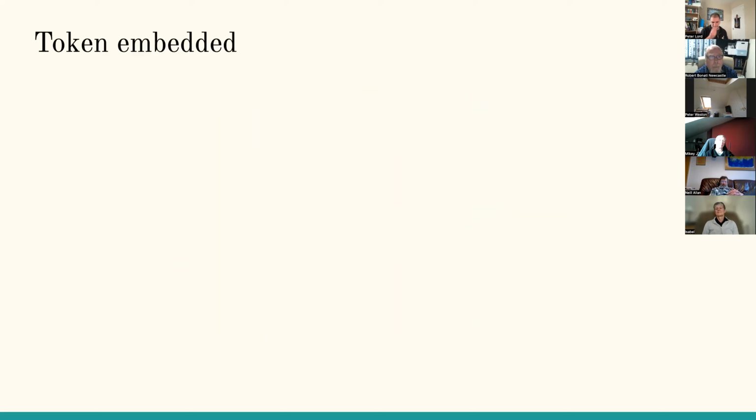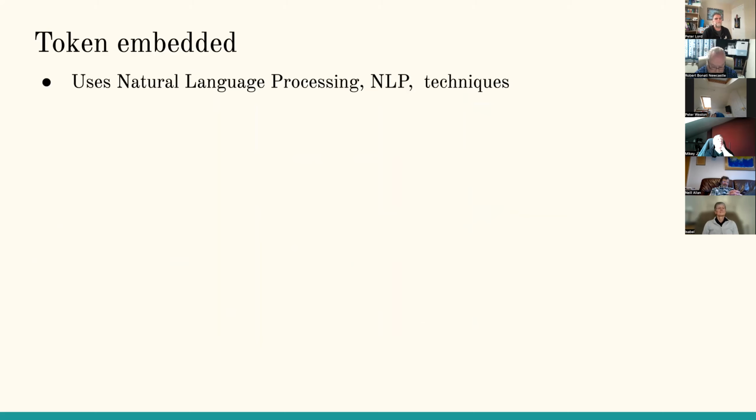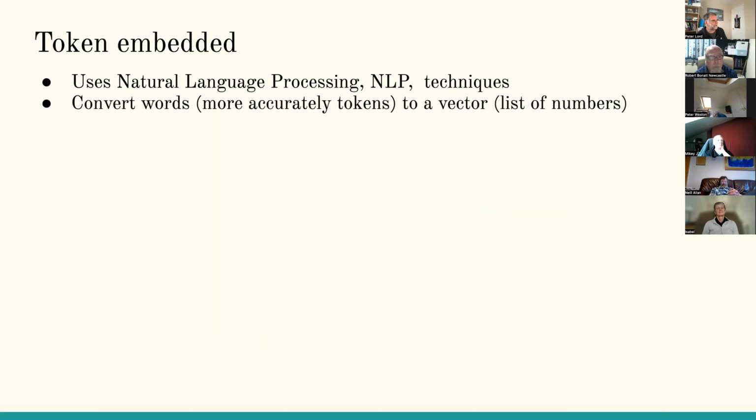So, token embed. Now, this is an interesting part. This is not usually implemented with a neural network, but we have to go back to a part of computer science called natural language processing. And that is about converting words, or more accurately tokens, into a vector, or a list of numbers. So, for example, the word cat might be represented by minus 0.6, plus 12, minus 3, a whole sequence of numbers.